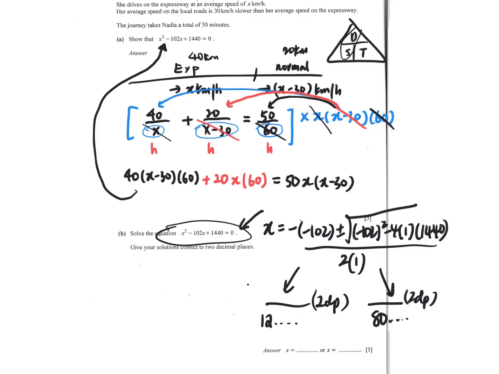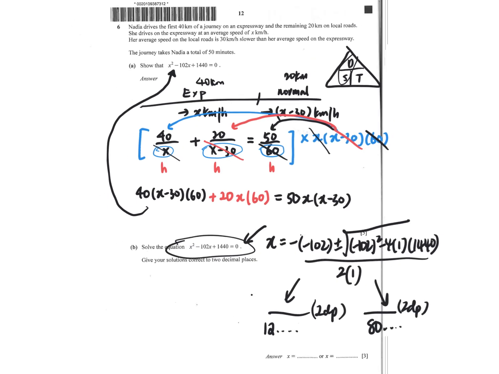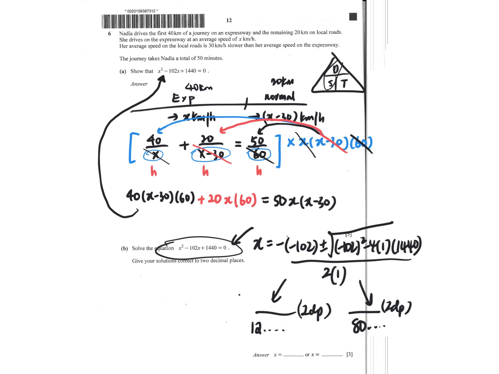This is the case where neither of them is negative, so you don't know which one to reject, right? But if you look at the question, one of the speeds is 30 kilometers lesser. If you choose 12, you will end up having negative speed, which is nonsense. So this has to be rejected because your speed needs to be more than 30. If not, the speed will become negative on the normal road. So this is the one to reject. Normally, there will be one negative, one positive, and you reject the negative because speed cannot be negative.